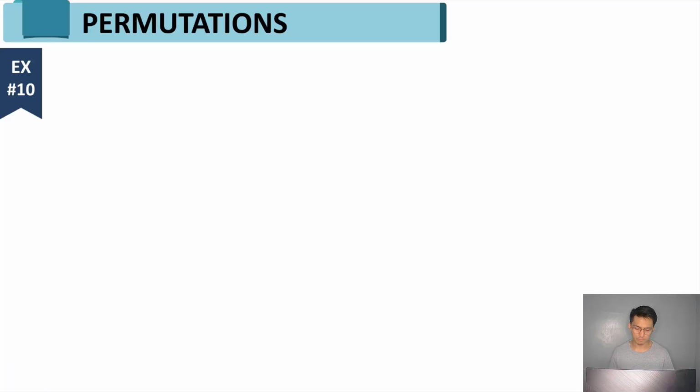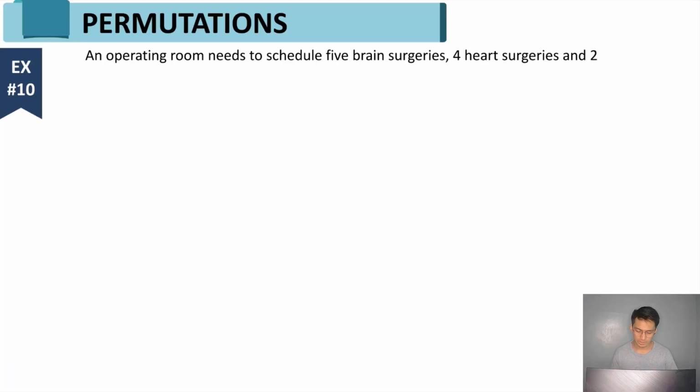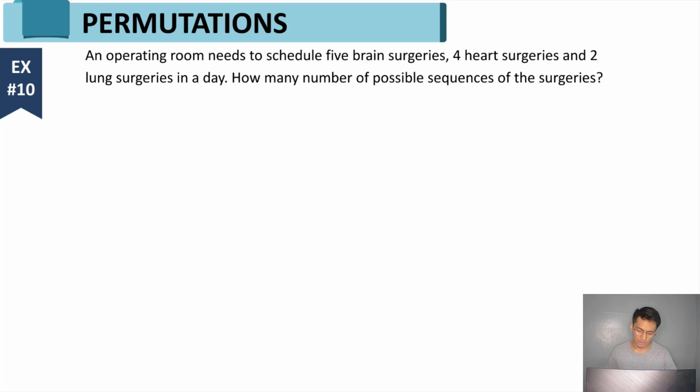Example number 10, for permutation of similar objects pa din, problem, an operating room needs to schedule 5 brain surgeries, 4 heart surgeries, and 2 lung surgeries in a day. How many number of possible sequences of the surgeries? So, permutation of similar objects pa rin ito. So, paano gagawin natin dyan?